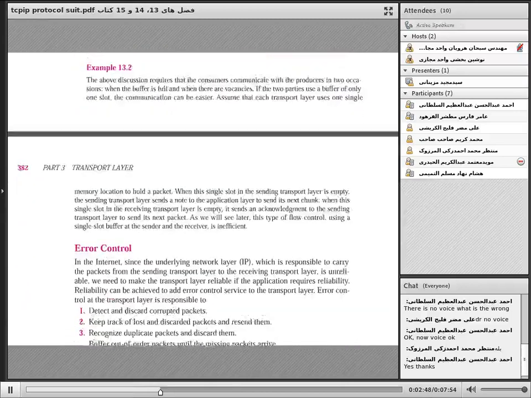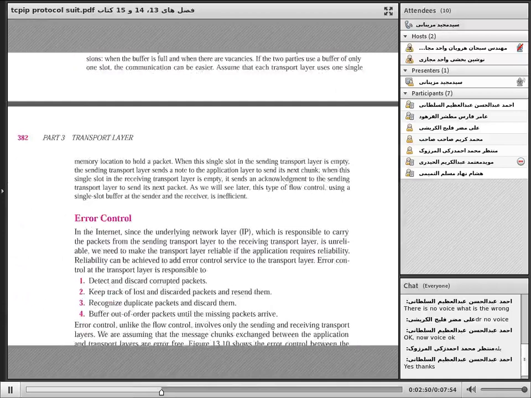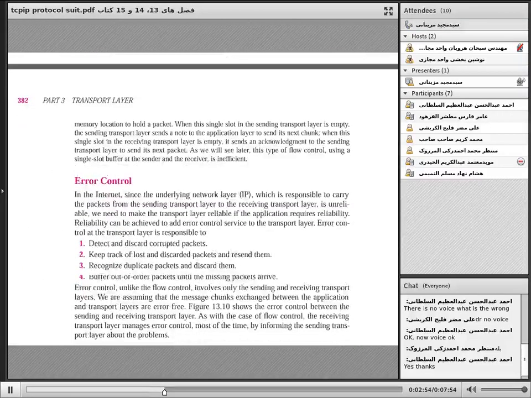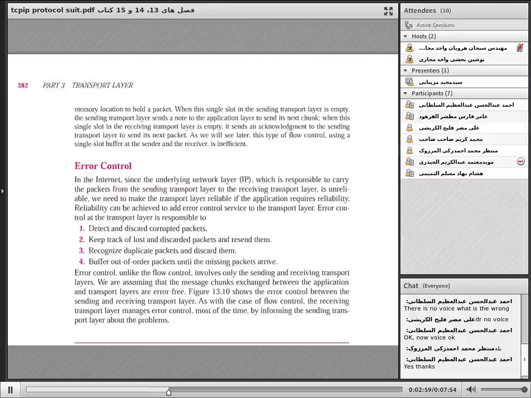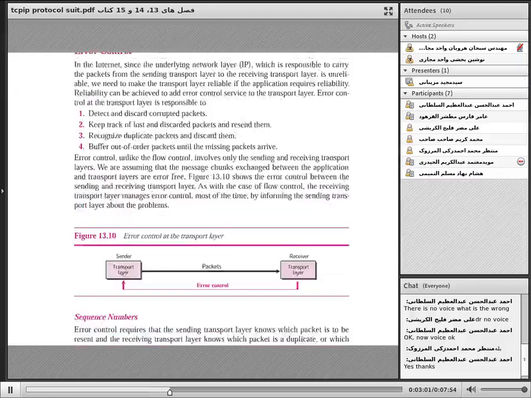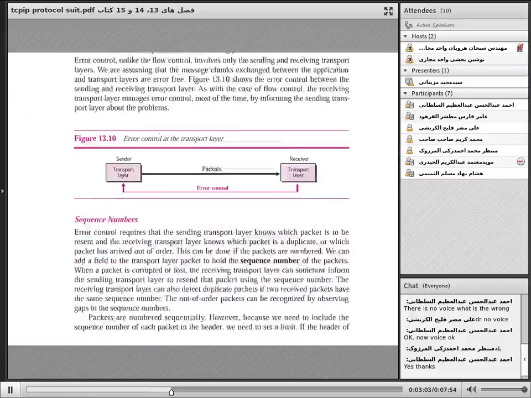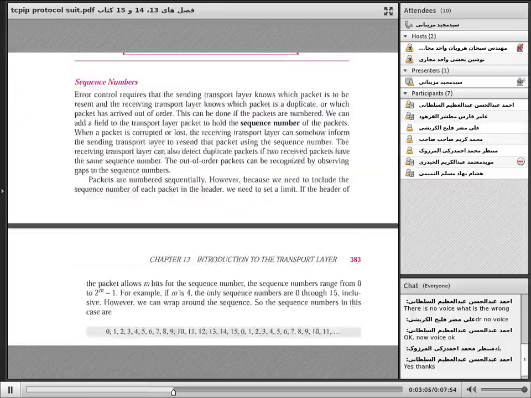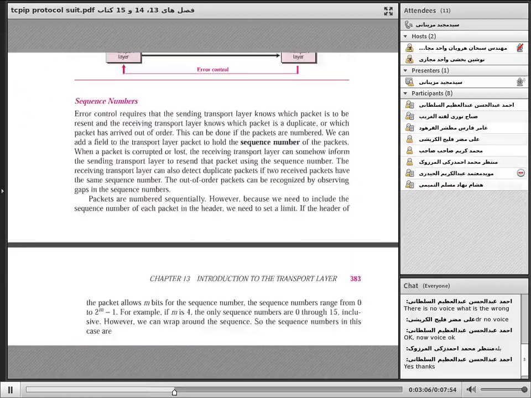I explained about error control and 4 types of error and error control. I explained sequence number, of course. What is sequence number?